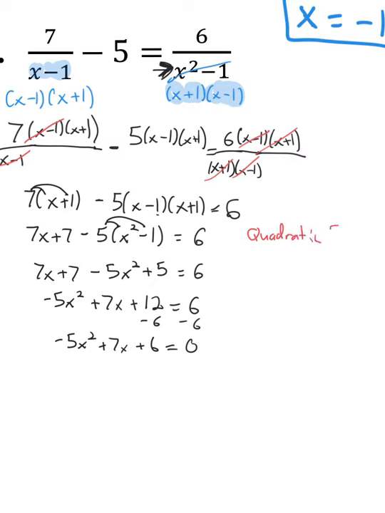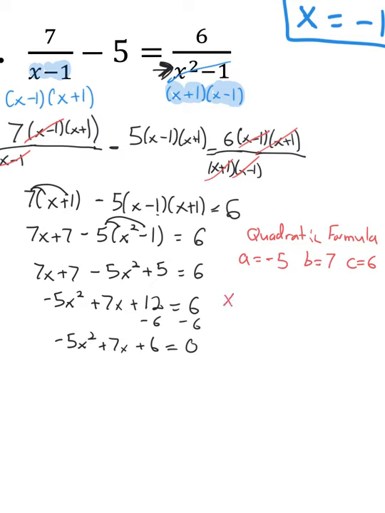So remember, quadratic formula is prior knowledge. That's from AGS2. So I need you to show all your work up to this point. But then after that, you can say, hey, I'm going to use the quadratic formula. Just identify your A, B, and C values for me. A equals negative 5, B equals 7, C equals 6.